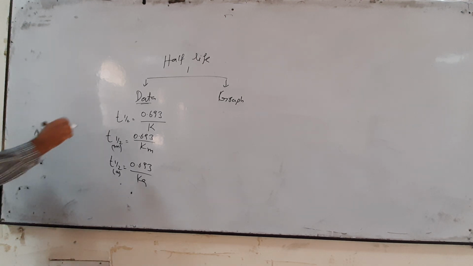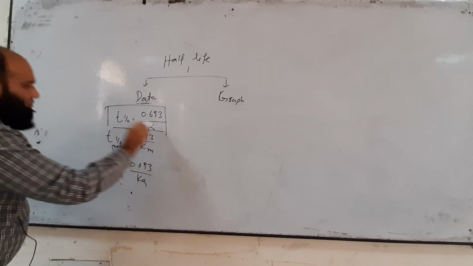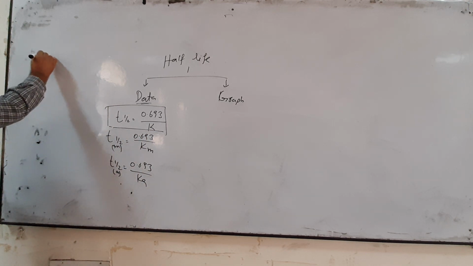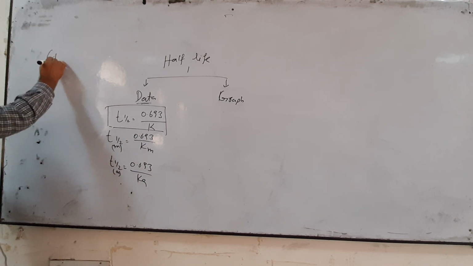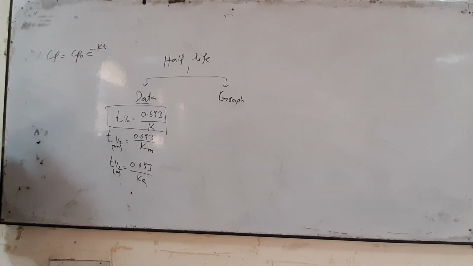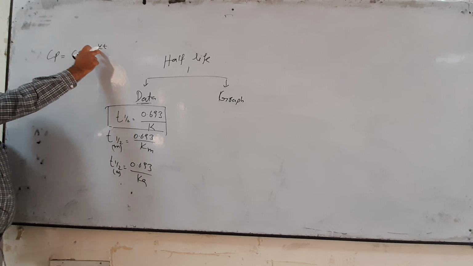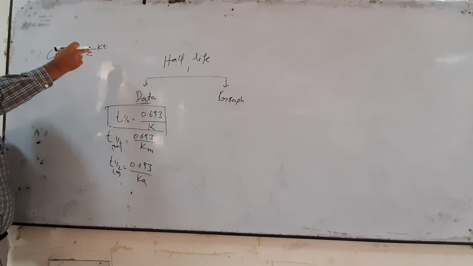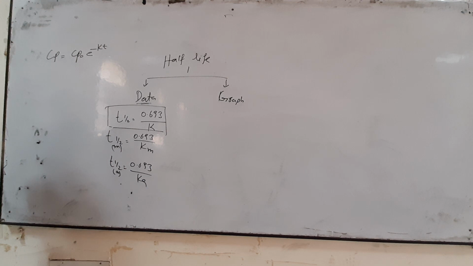How this equation comes, we already know in a simple way. When we discuss the unknown concentration measurement formula, Cp is equal to Cp naught e to the minus Kt. This is the formula for first order kinetics, one compartment model. If we discuss two compartments, we will divide this Cp naught; this K1 will be K12, K21. I have already told you in the different diagrams.